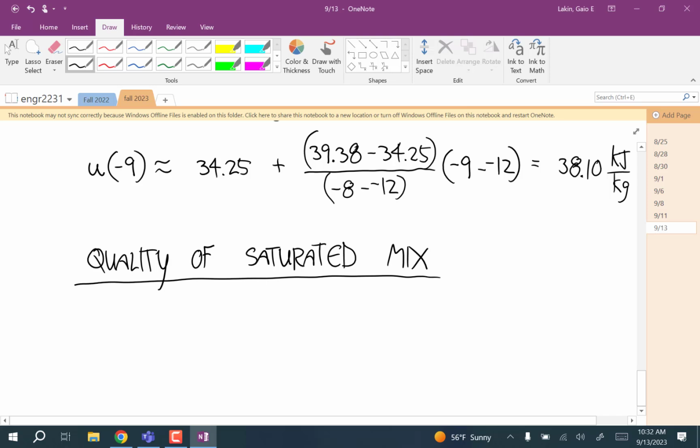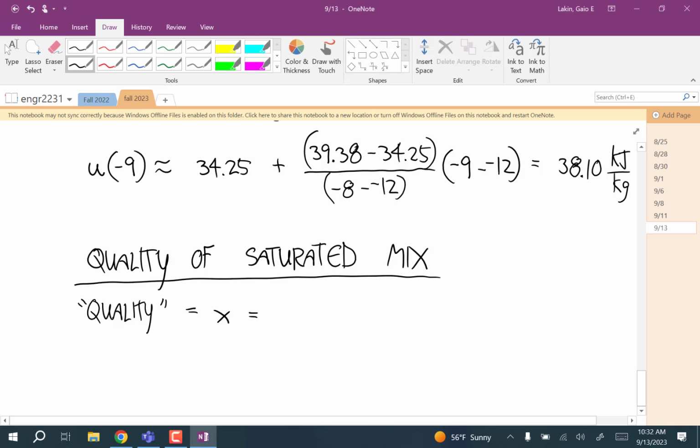Okay? The quality, and it's just called lowercase x. When you see this lowercase x, that's what we're talking about if you have saturated material.